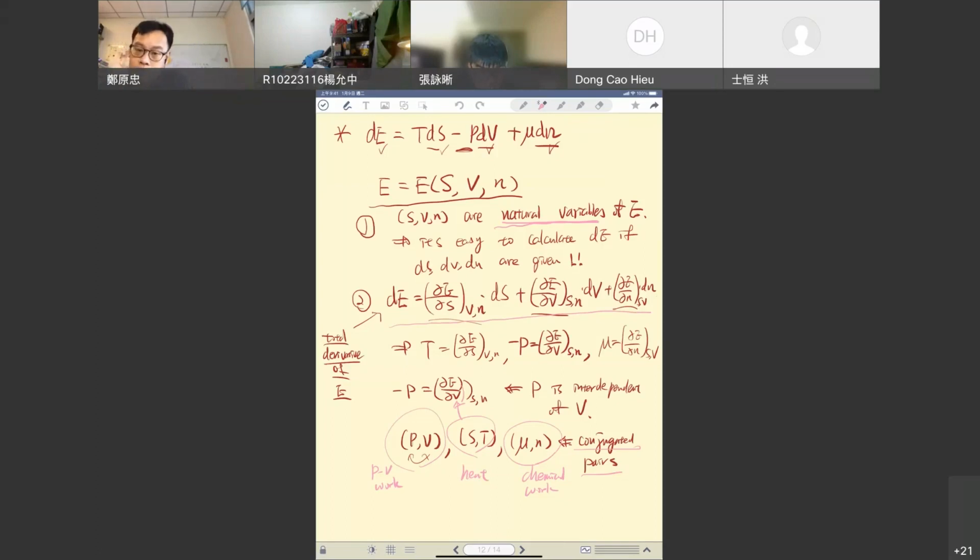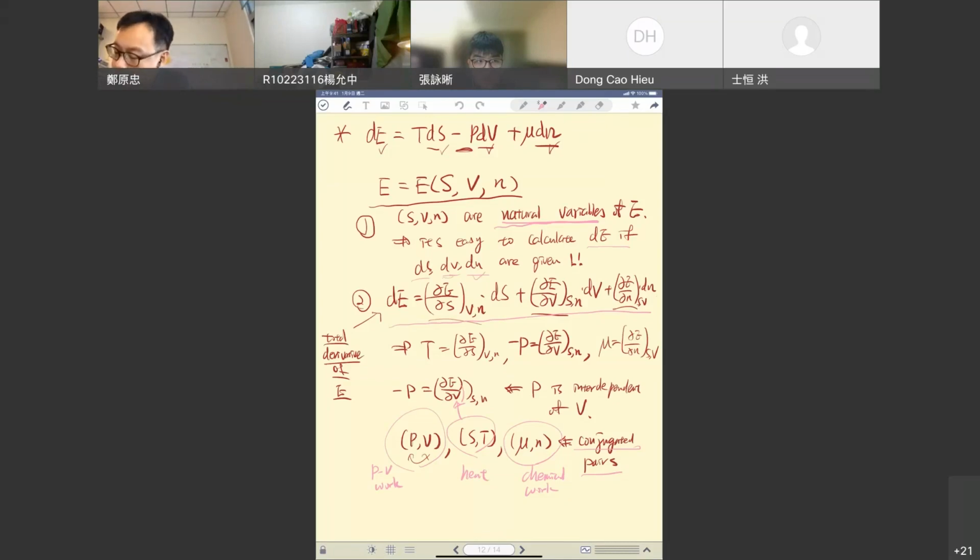In the real world, I said it's easy to calculate dE if dS, dV, dN are given. In the real world, change in concentration of a chemical species, easy, we can measure that, right? Change in volume, easy, we can measure that.